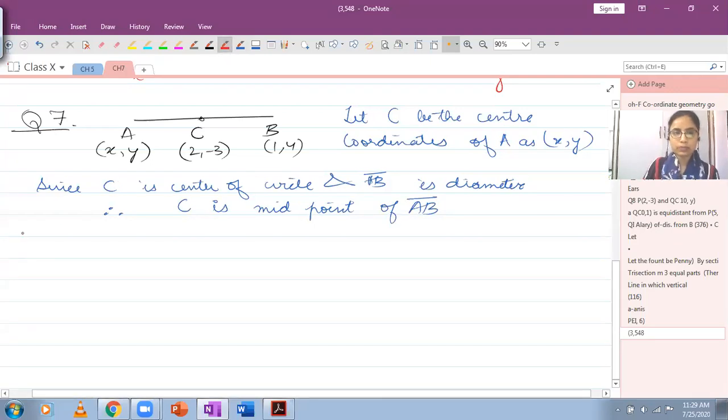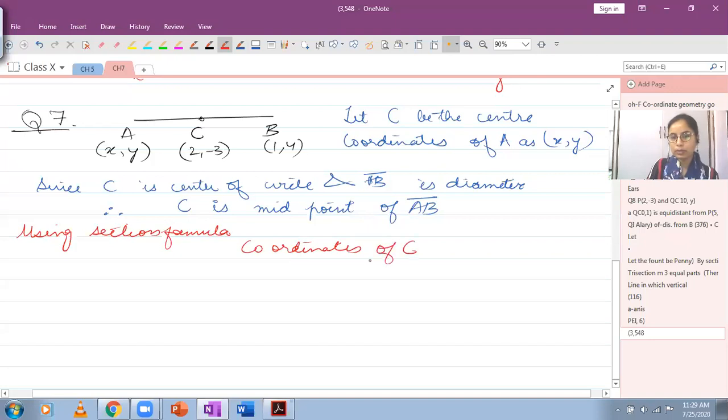And now we are going to use the section formula. For the coordinates of the midpoint, one equation will be formed from the abscissa and one from the ordinate.